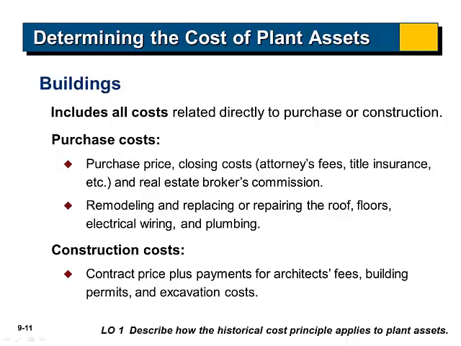If you're constructing the building, the construction cost would include the contract price of constructing the building plus the payments for architect fees, building permits, excavation costs, and the like. So depending on if you're purchasing the building or constructing the building, your costs would be slightly different. But again, it's all the costs that go into getting the building ready to use in your business.